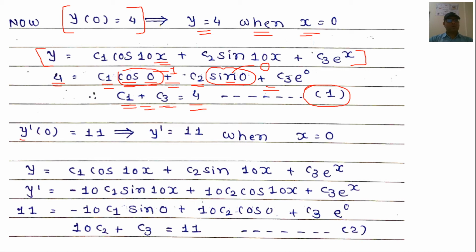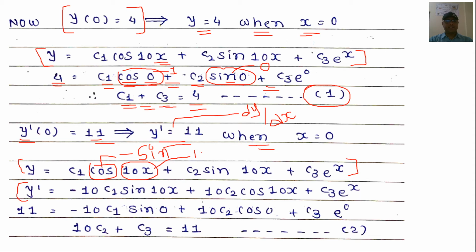Now we have y dash 0 is equal to 11. It means y dash is equal to 11 when x is equal to 0. Now y dash is nothing but the differentiation of y with respect to x, dy by dx. So first find the differentiation of y. Now y dash is equal to, we know that the differentiation of cos is minus sin, and by chain rule we also have to differentiate 10x, and the differentiation of 10x is 10.